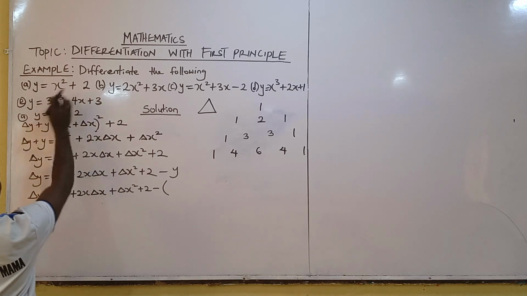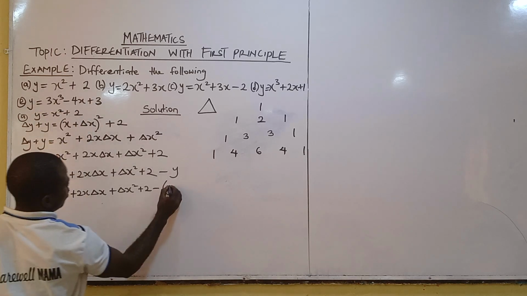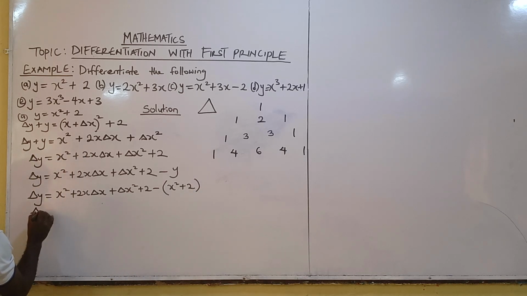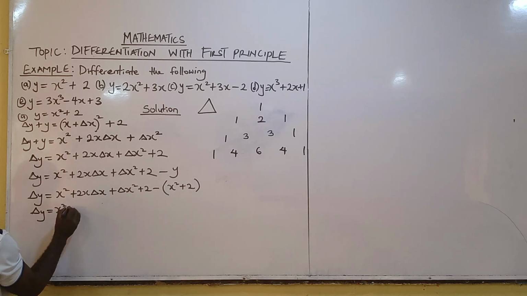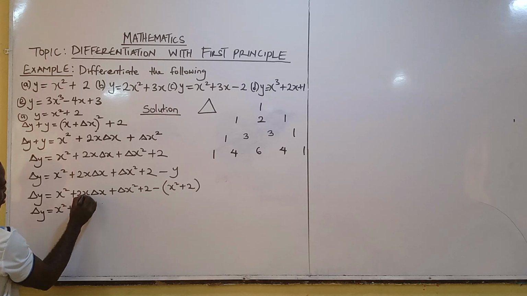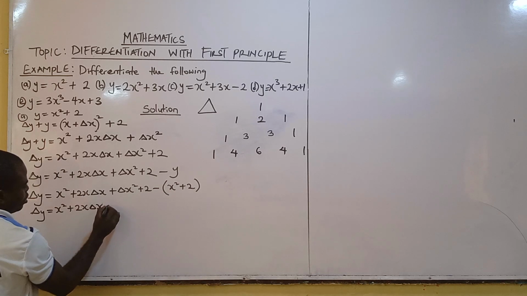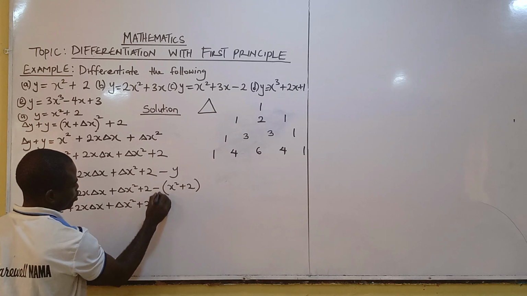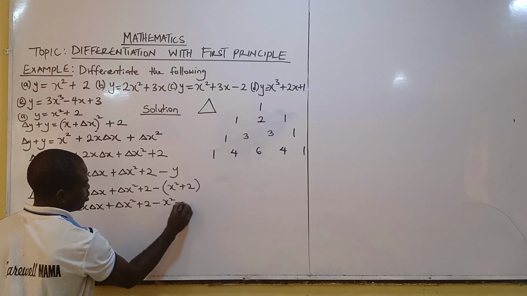And see, we are doing this one first. X squared plus 2. Now the y equals x squared plus 2x dx plus dx squared plus 2 minus, open the bracket, minus x squared minus 2.